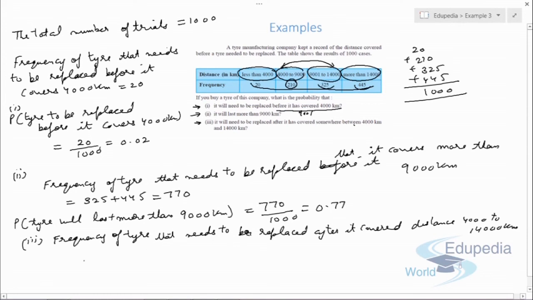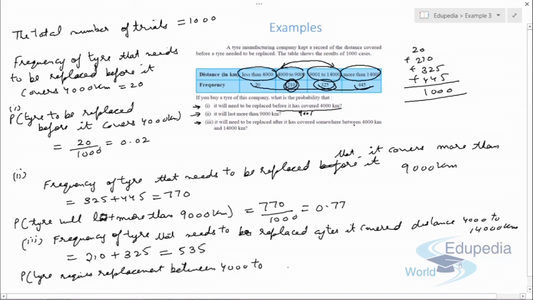We need to add 210 plus 325, and when you add this, it will come out to be 535. Now we need to find the probability that a tire requires replacement between 4000 to 14000 kilometers. It will be 535 upon 1000, so it will come out to be 0.535.